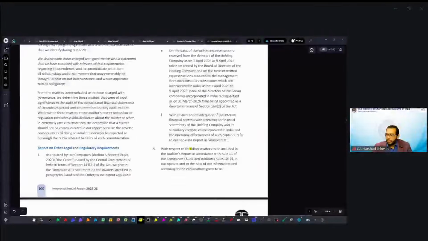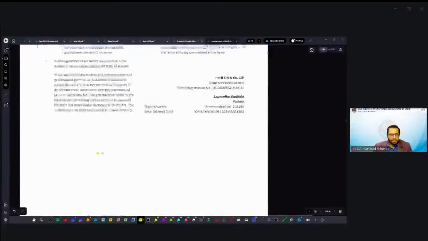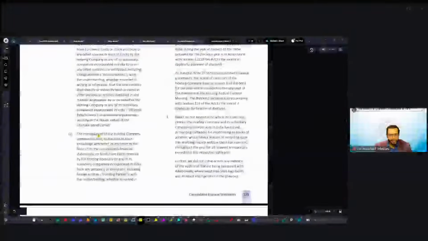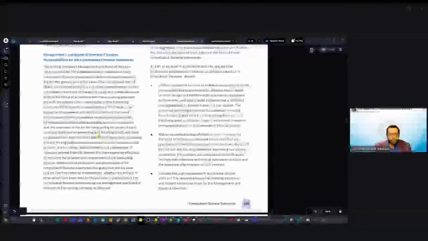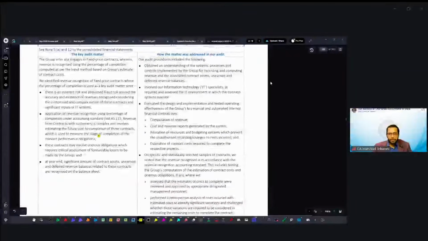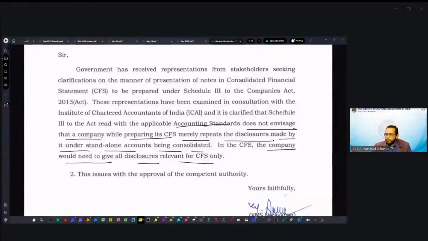That's why I am not able to locate it. I'll show you another example of the audit report. Don't worry, I have another one. I think there is some omission in this. There is, I think, a page missing. That's why I'm not able to locate that other matter paragraph. Not an issue. Let me open another one. So we will now look into a particular audit report where the other matter paragraph is there.